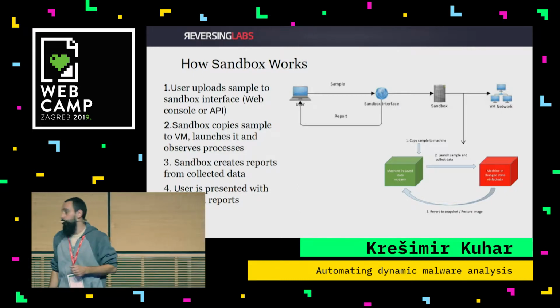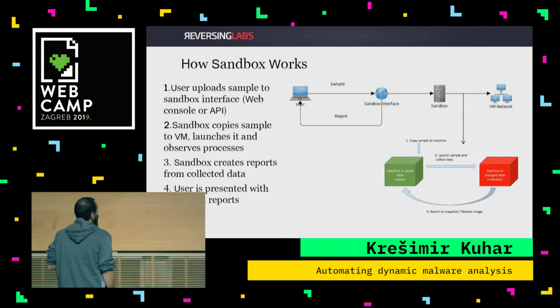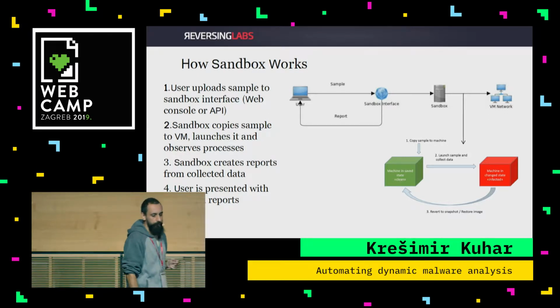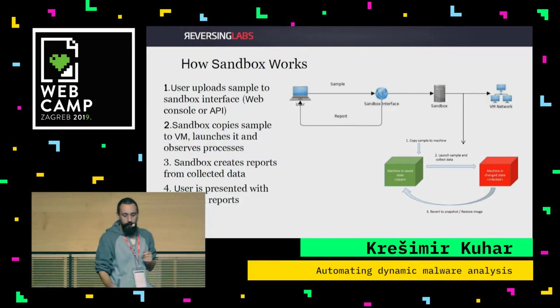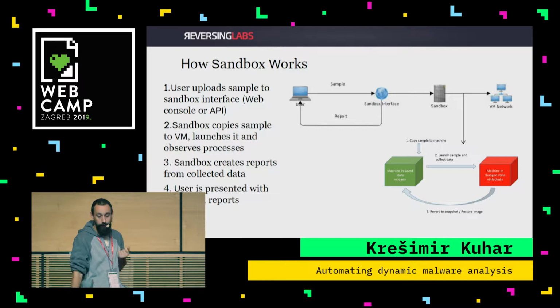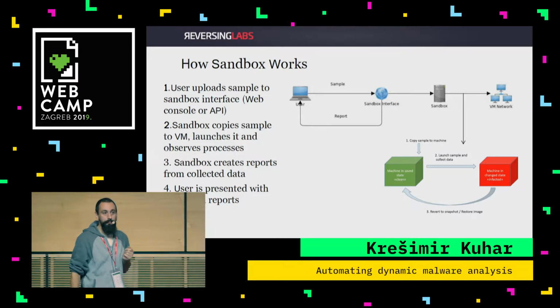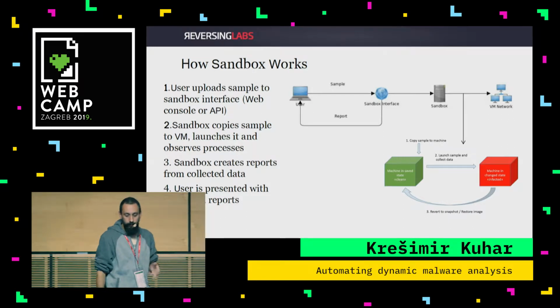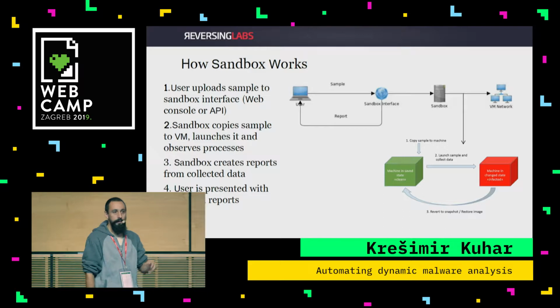So how does it work? When you configure it, the sandbox provides you with a web interface or API interface where you upload the samples. After that, it uses the virtual network to upload the sample to the virtual machine. The sample is then run, and what's most important in that part is that every time you run your sample, you need to have a clean environment.